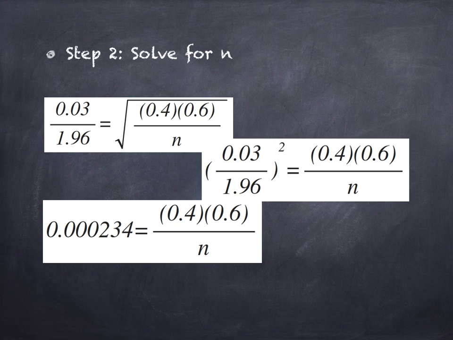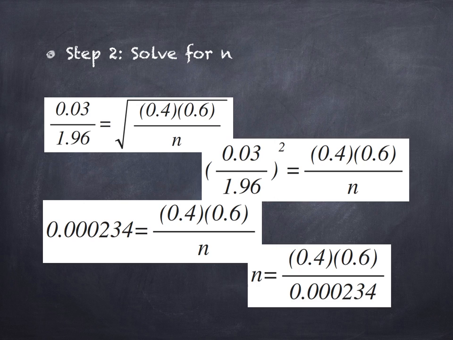And then you multiply both sides, and then you end up with 0.4 times 0.6, all divided by 0.000234. Basically, you multiply both sides by n, and then you divide both sides by 0.000234, and that's how you sort of get them to switch like that.